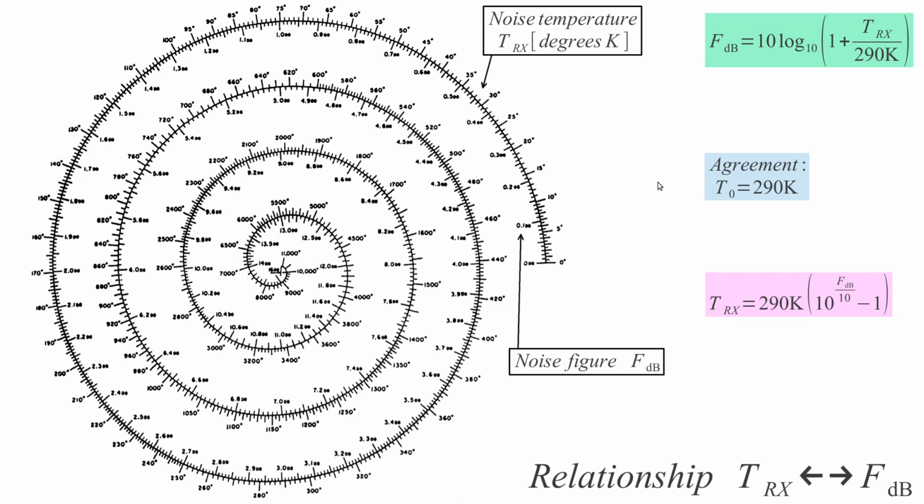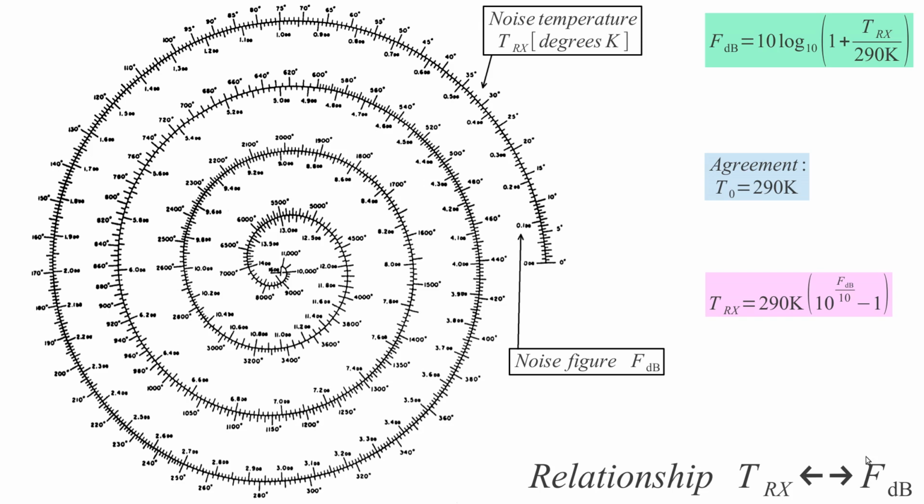But it's a very useful nomograph when you have to do a calculation, because people use both units. People like to use, say, data sheets of amplifiers and transistors that define the noise figure. But for calculations, we need the noise temperature, and vice versa. Once we made our calculations, we have to convert everything back into noise figure.